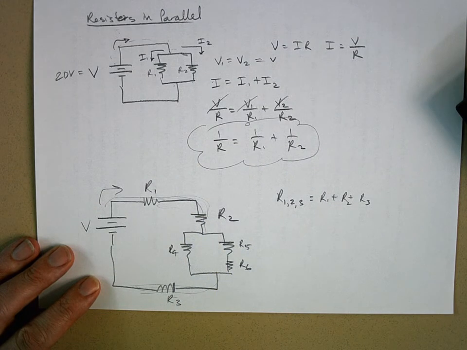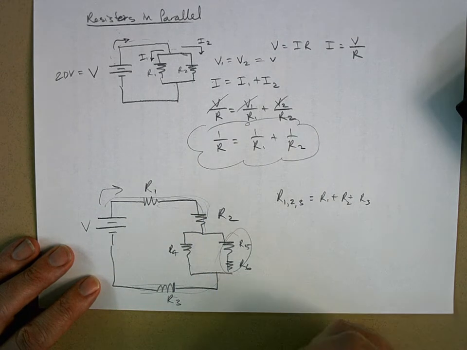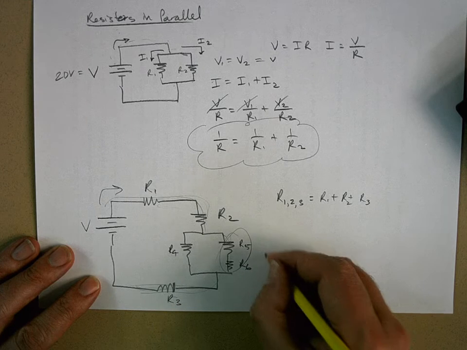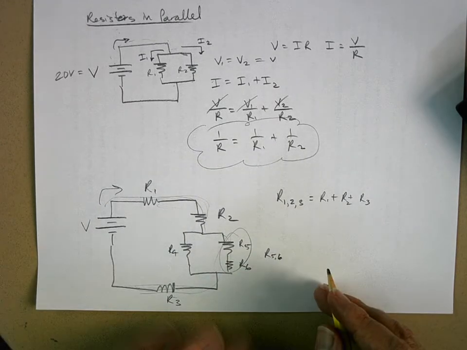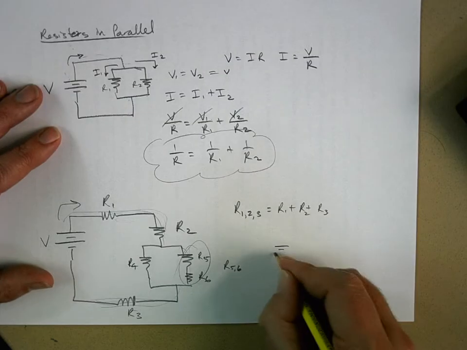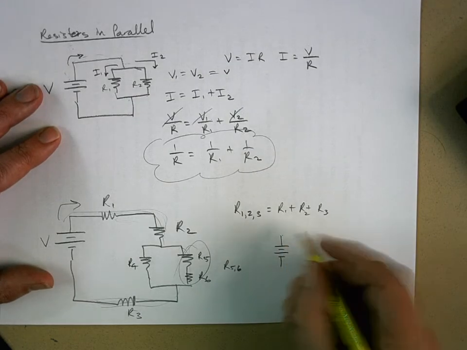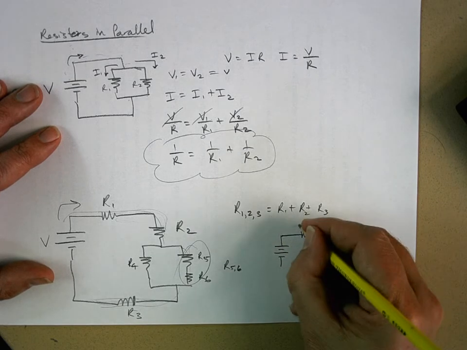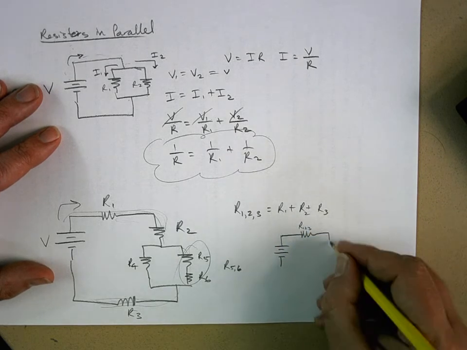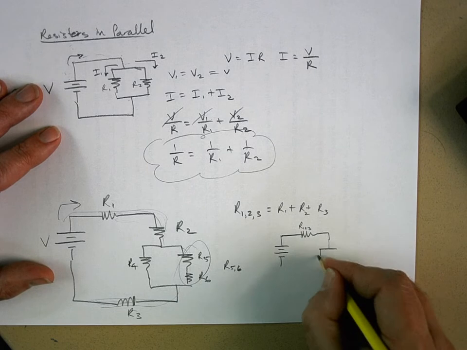Look at these guys. They're in series also. So I can say this is R5 and R6. Now what I would do at this point is redraw the circuit if I'm analyzing this thing. Put one resistor here. Oh, this is the R1, 2, 3. And then this is R4.